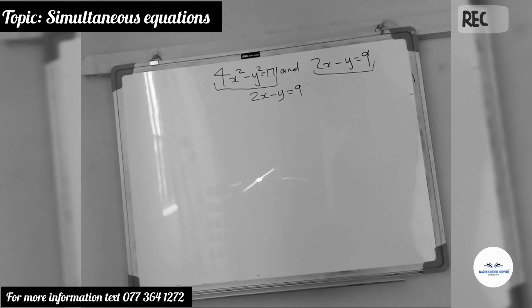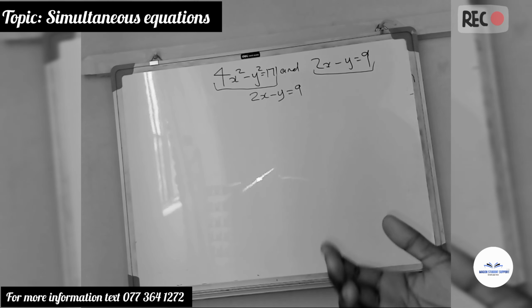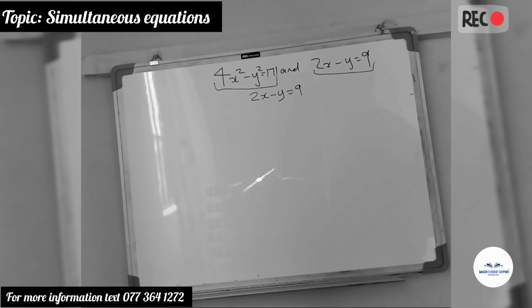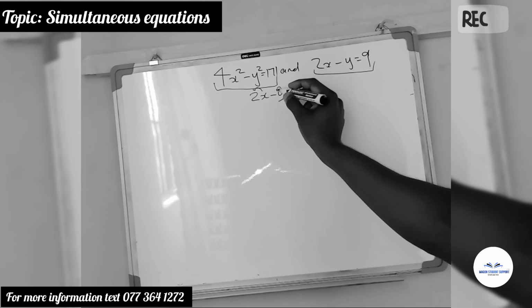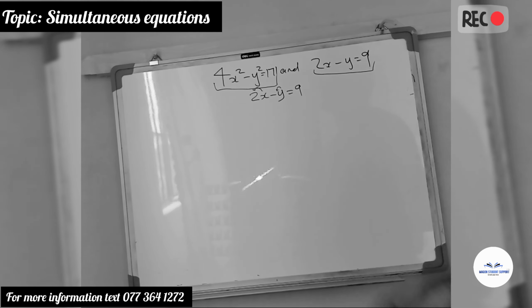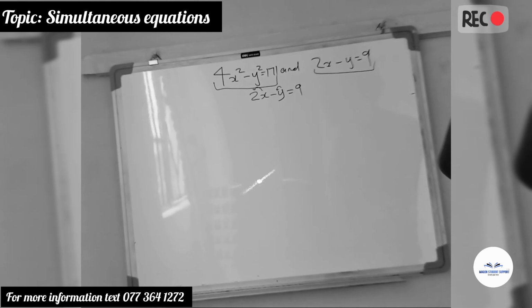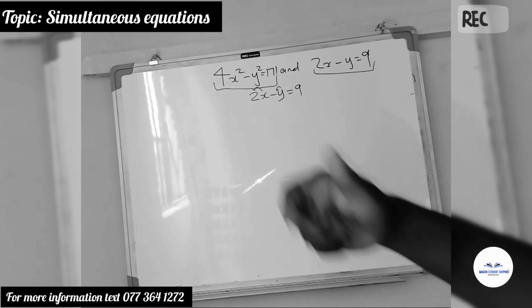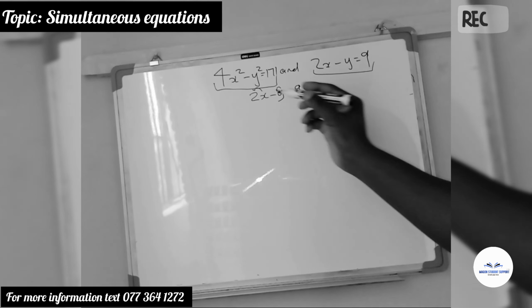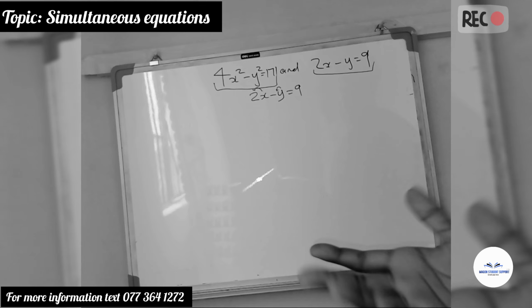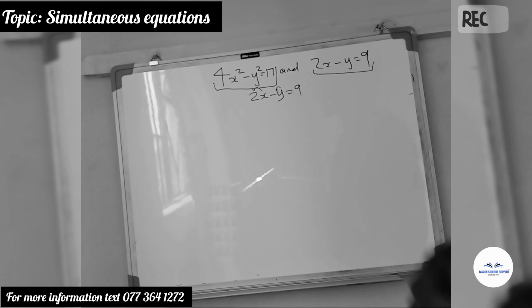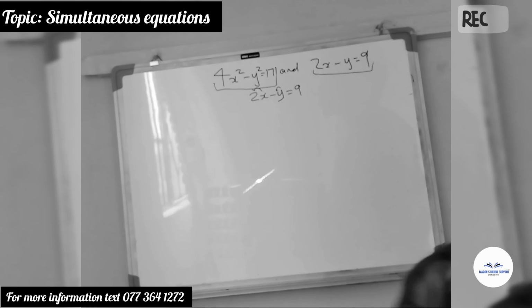After choosing an equation, the other thing you must choose is to look into the coefficients of the variable. Let's choose to move the one that has a coefficient. X has a coefficient of 2. We do it so that we don't have to substitute fractions, if you don't know how to solve fractions.